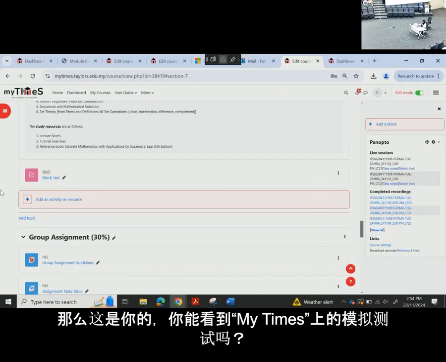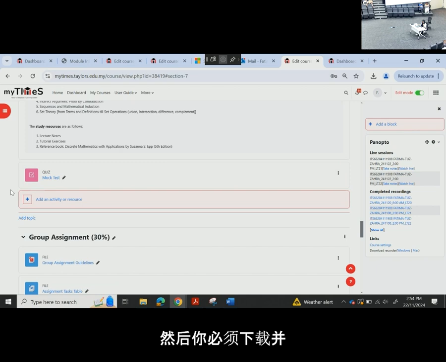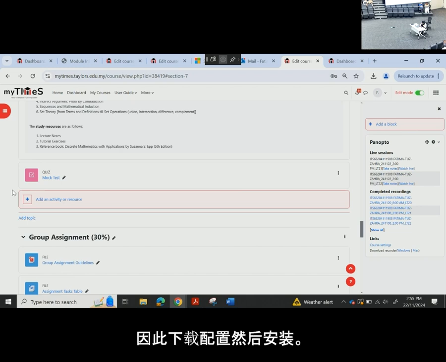Can you see mock test on My Times? Click on that, and then what you need to do is download and configure this SEB mode, your safe browser mode. Download and configure and then install that.